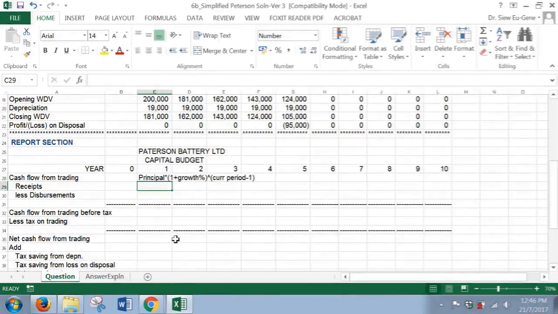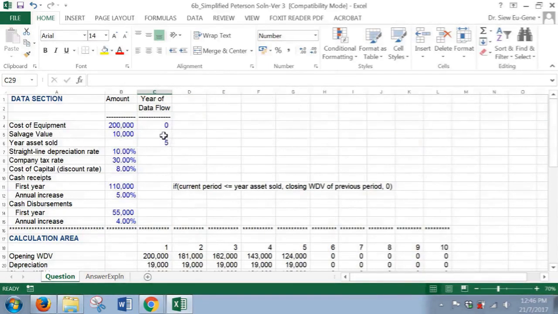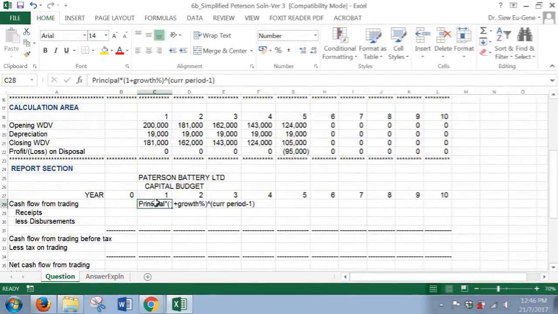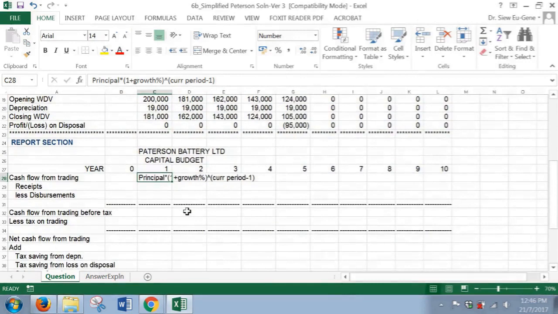Now, if you can recall, we sold the asset at year 5. Thus, we need another if conditional inside the formula so that after year 5, we do not have growth because we already sold off the asset. So there's no more income from that asset.